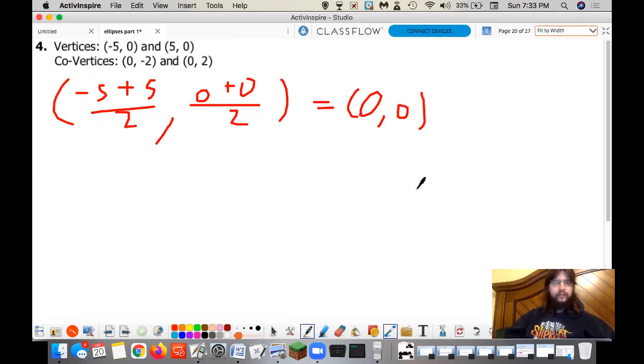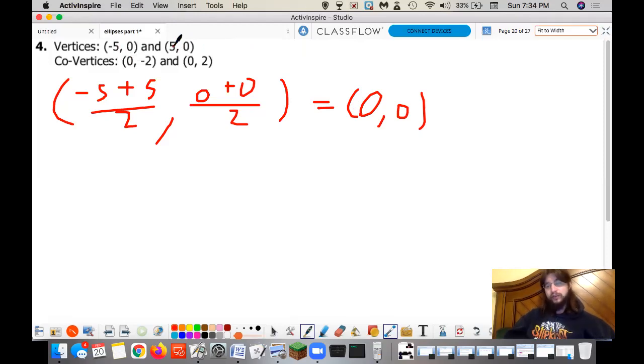Now to get a, we can either realize it's the distance from vertex to center, which you should be able to kind of see, or we could take the distance between the vertices and cut it in half. I think it's easier, we got the center, let's use it. Since we're only dealing with horizontal or vertical ellipses, we're just going to either subtract the x values or the y values.